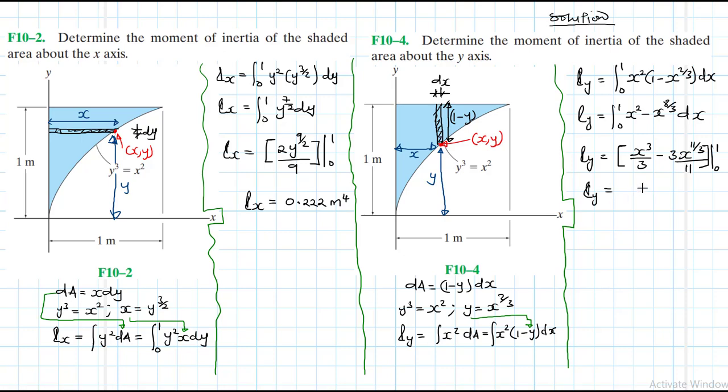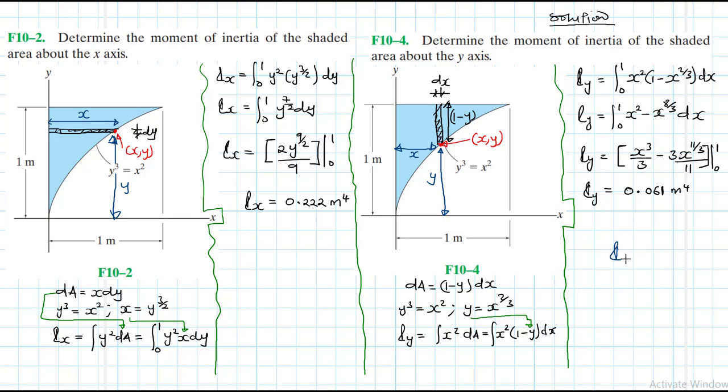Okay, so if we are to evaluate this, this gives us 0.0606, 0.060606 keeps on repeating, so we can round this off, meters to the power 4.